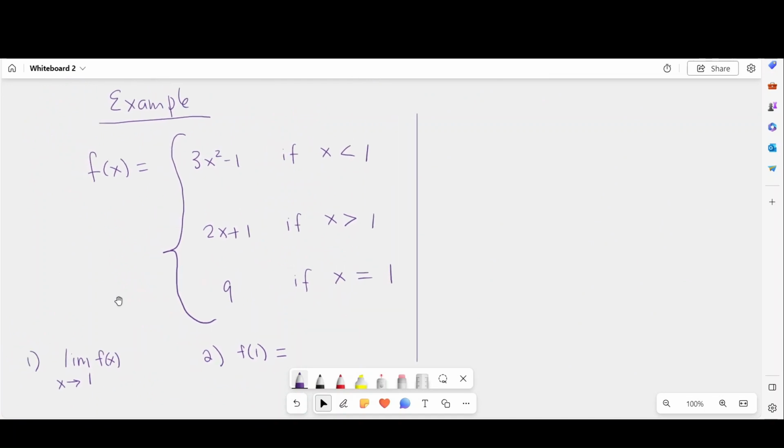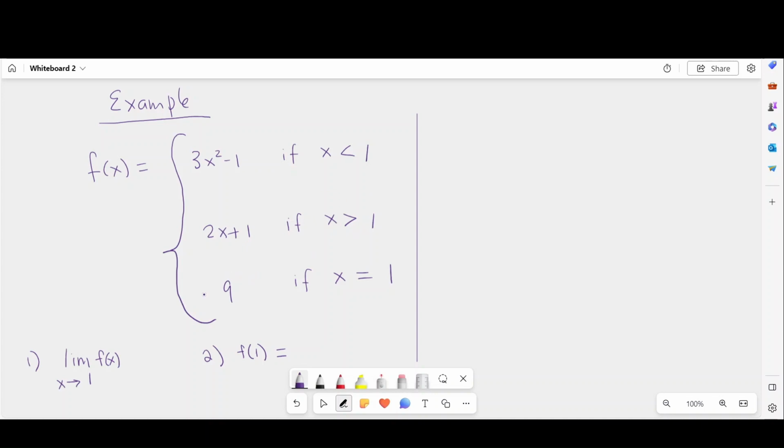This function is called a piecewise defined function. We consider f of x equals 3x squared minus 1 for all values of x less than 1. We consider f of x equals 2x plus 1 for all values of x greater than 1.